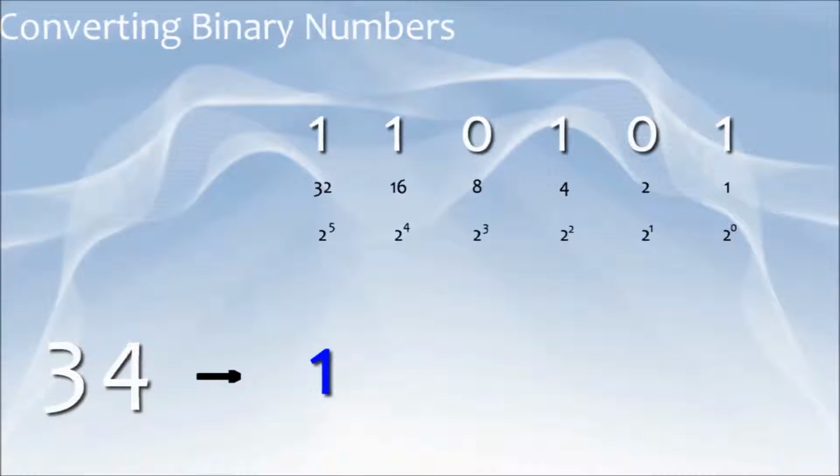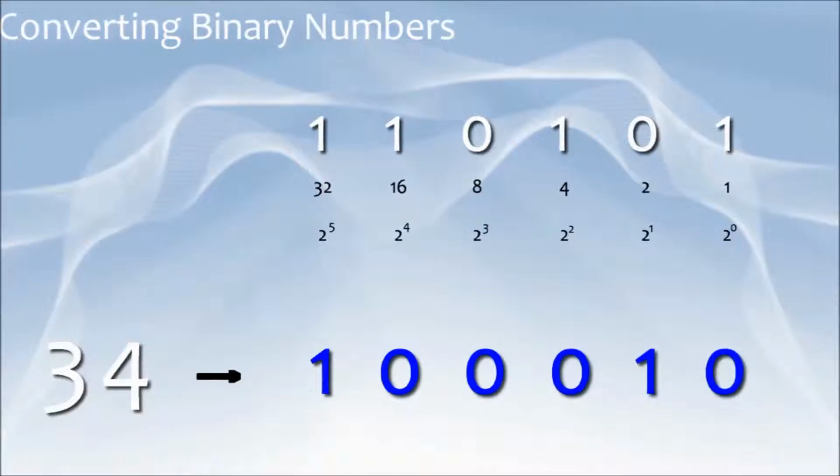The remainder between 32 and 34 is 2, which is the 2 to the 1st power place, the second place. So you put a 1 there as well, and you fill in all the other spots with zeros, and you get the binary equivalent of 34, which is 100010. This same technique can be used for converting into hexadecimal, octal, decimal, any other positional numeral system.